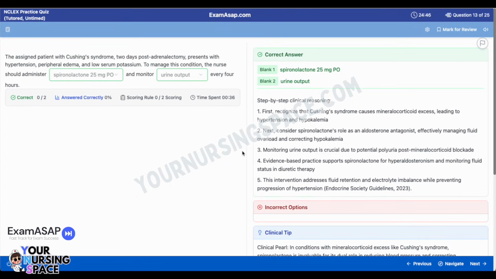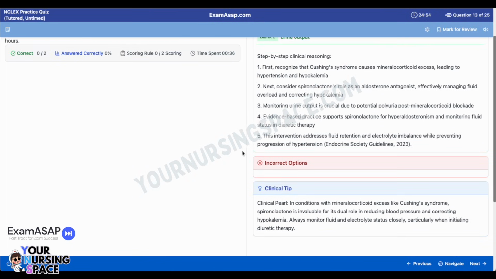The correct answer is placeholder 1, spironolactone 25 mg PO, placeholder 2, urine output.